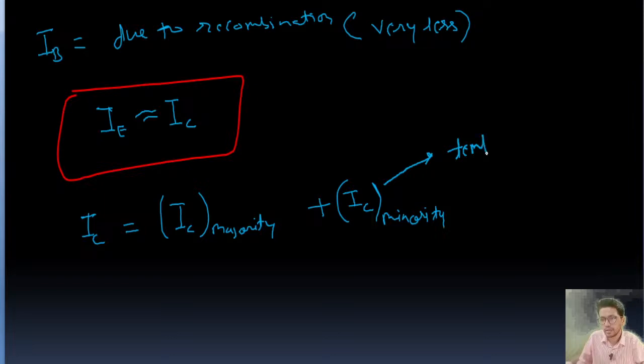It depends on temperature, right? So IC is IC because of majority charge carriers plus IC because of minority charge carriers.